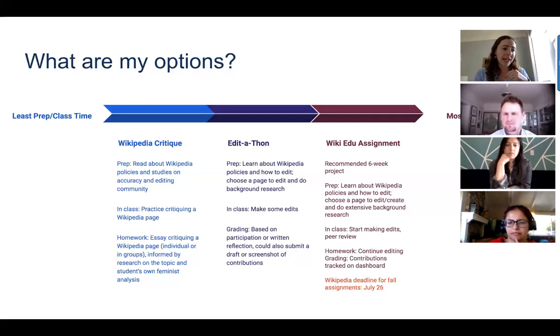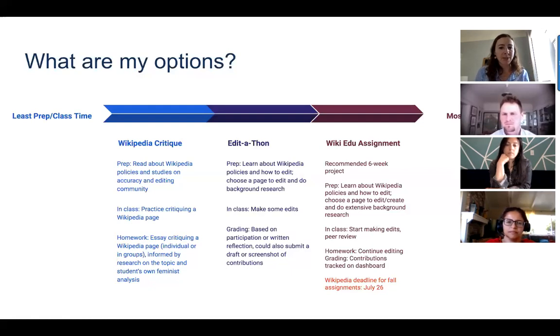But that's for folks that really want to base your entire course, or at least half of it, around editing Wikipedia. A smaller or more manageable approach might be an edit-a-thon. So that might be developing some homework assignments for students to just learn about Wikipedia policies and learn how to edit.